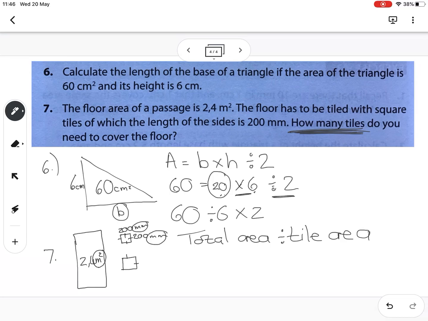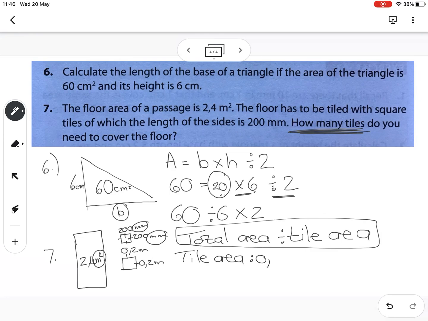So 200 millimeters is 20 centimeters, and 20 centimeters is 0,2 meters. The tile area, remember this is my aim of the sum, but the tile area will then be 0,2 times 0,2, and I'll then have 0,04 in meters squared.